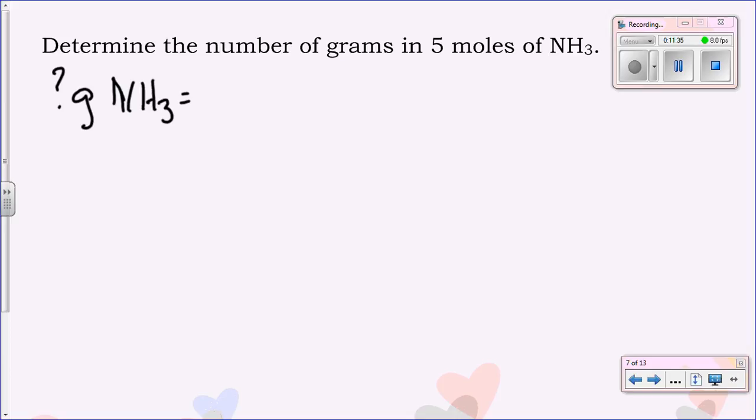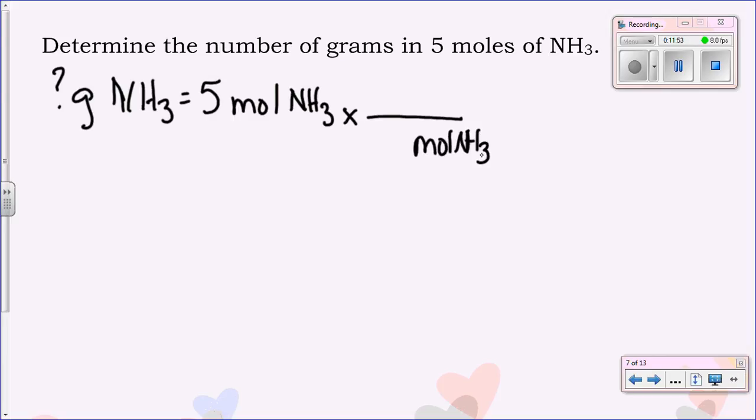So how many grams of NH3 are in 5 moles of NH3? So this time, if we're trying to get moles to cancel, we'll put moles in the bottom, and mass will go on the top. It's still going to be 1 mole, and the mass of NH3 is 17, because how many nitrogen do you have? 1, and each nitrogen has the mass of 14.